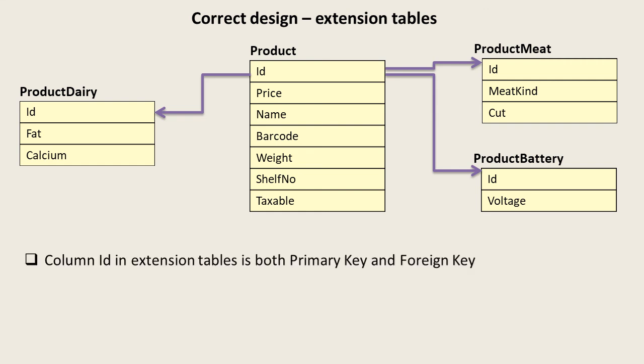And one interesting note about these tables: if you look at the ID column in our extension table, it's actually both primary key and foreign key. Sometimes it happens. It's a primary key for this table because it's the unique ID for the table and it always has a value, but it's also a foreign key with regard to the product table because it's inherited from that table.